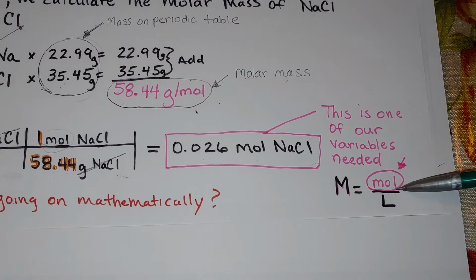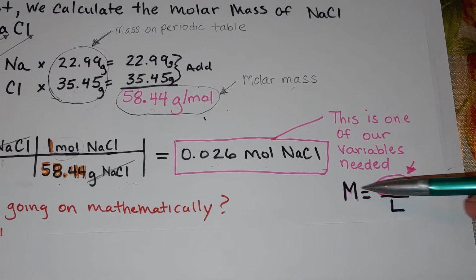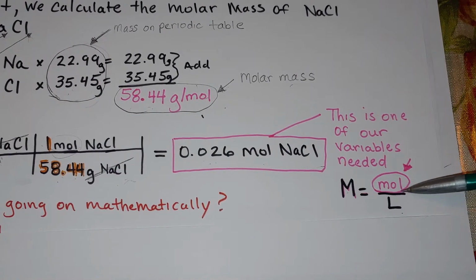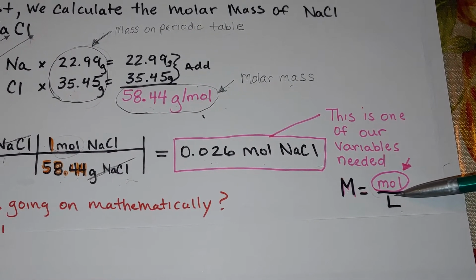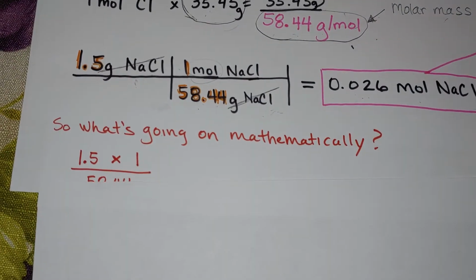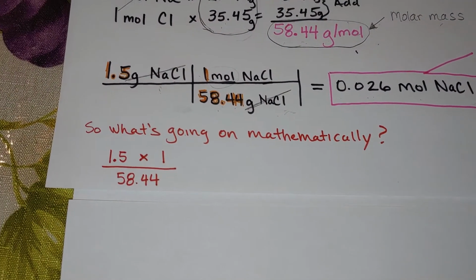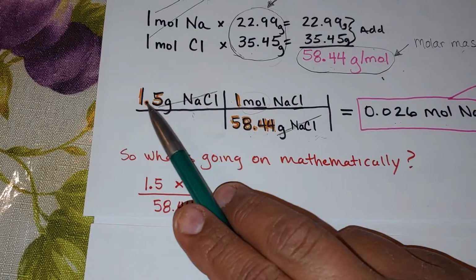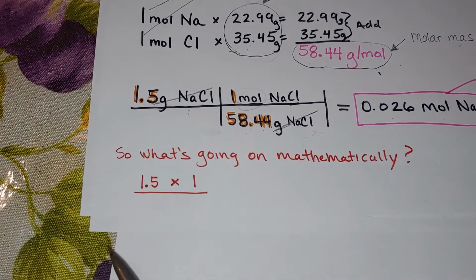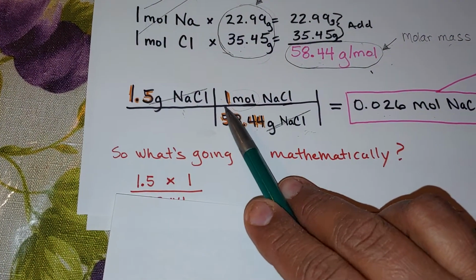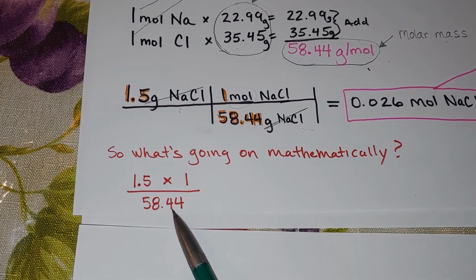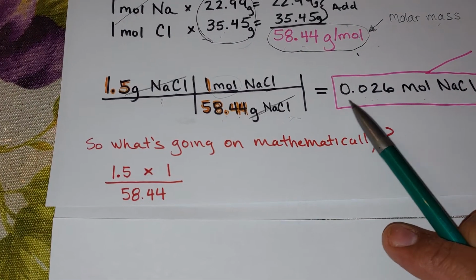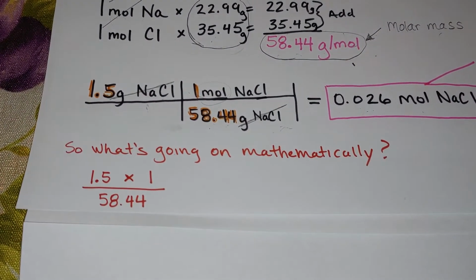Remember, this is a formula we're working with. Molarity is equal to moles per liter, and we just finished finding this one. And just in case you didn't get how that worked mathematically, don't forget, what I did was take 1.5, multiply it by 1, and then divide by 58.44 to get that 0.026.